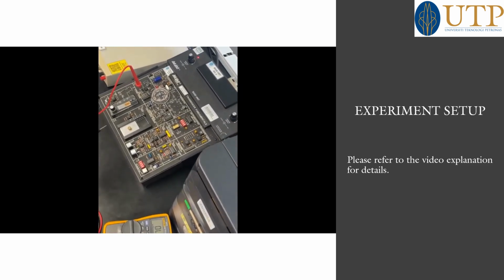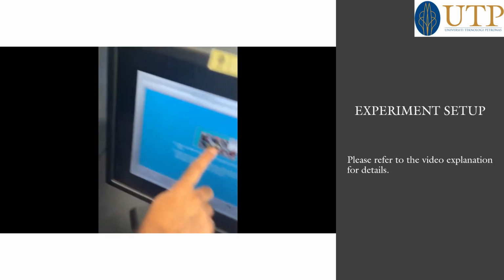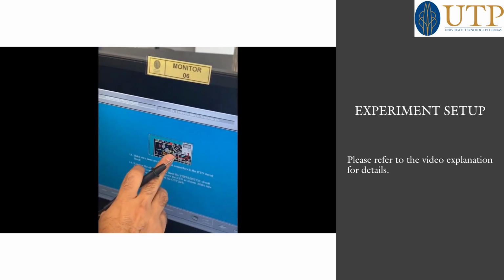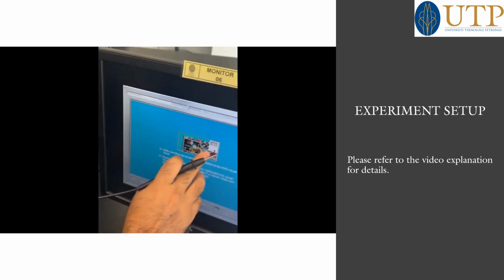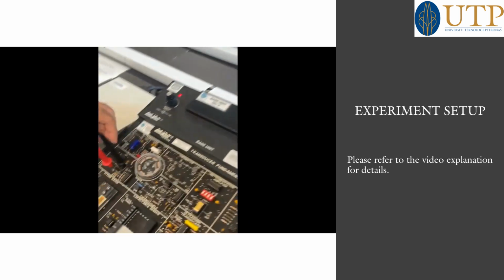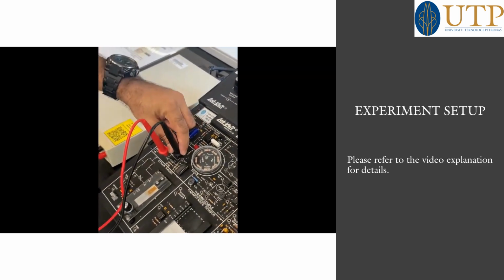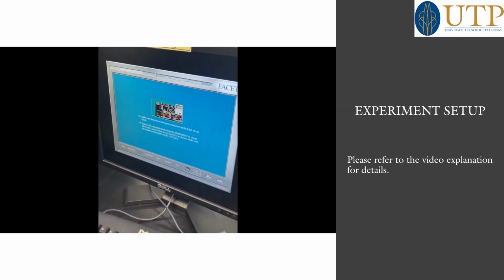Pause the video. Now positive is here and negative is here. Ground should be in the out, in ampere.